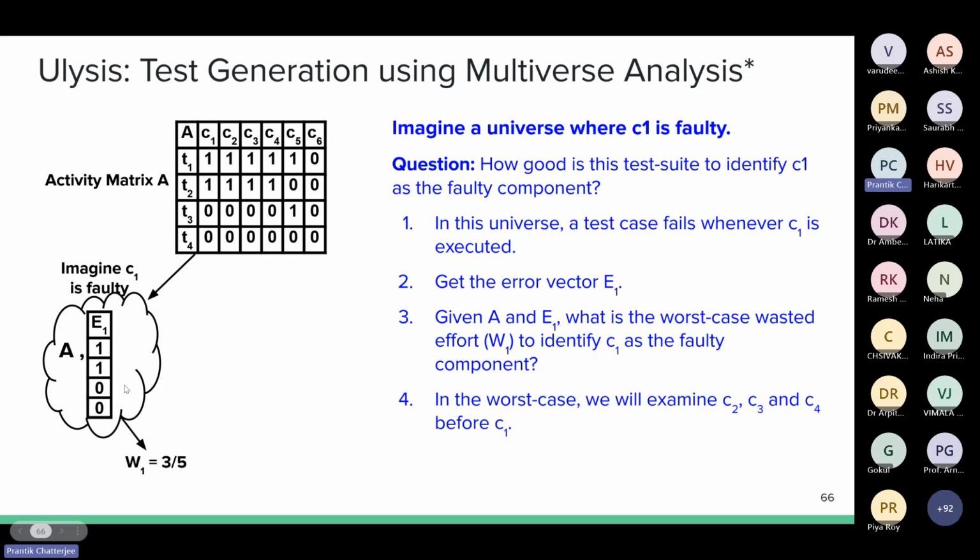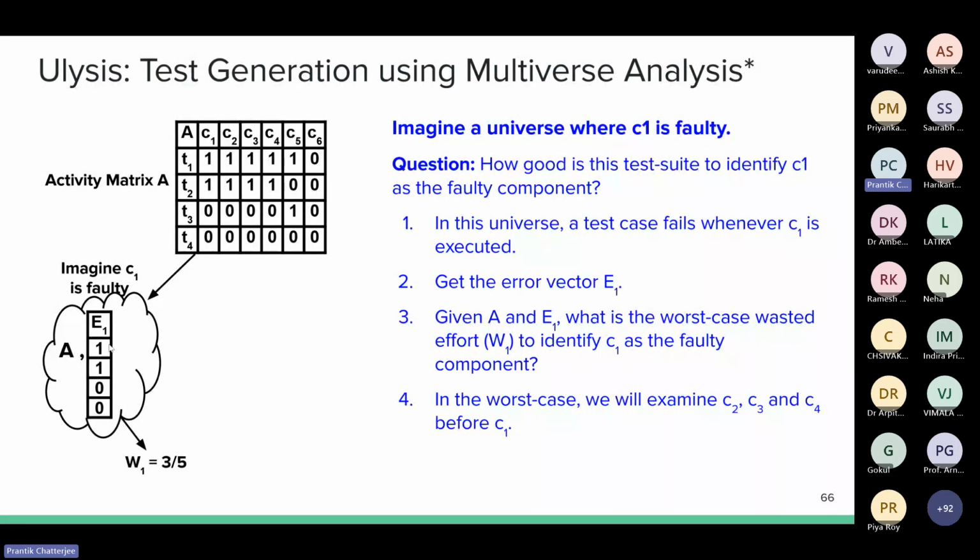Note that while generating test cases, you do not have access to your error vector, because you are not actually executing the program. You are simply generating inputs for the program. So if you imagine that this component C1 is faulty, then your test case T1 executed C1.